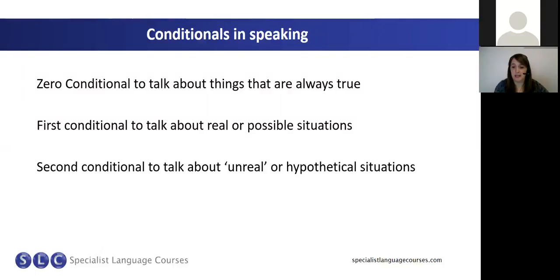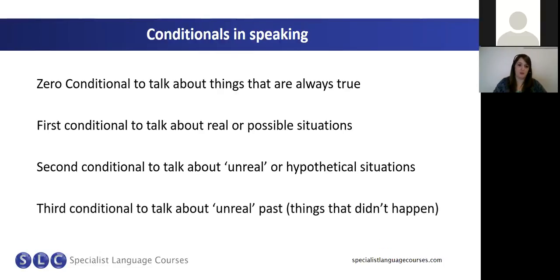So this is particularly good for making hypotheses about different situations. And we also have the third conditional to talk about unreal past. So we use the third conditional to talk about things that didn't happen, and we often use it to either express regret or to talk about how we wish things were different.